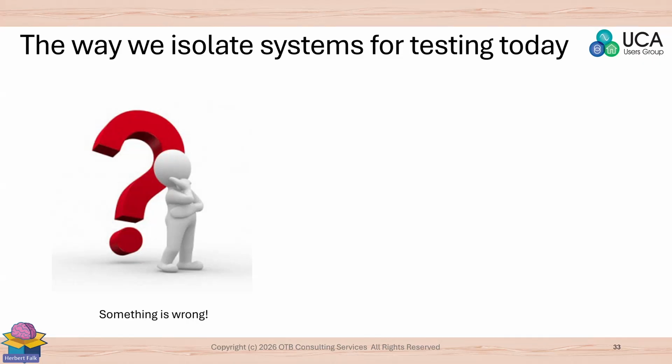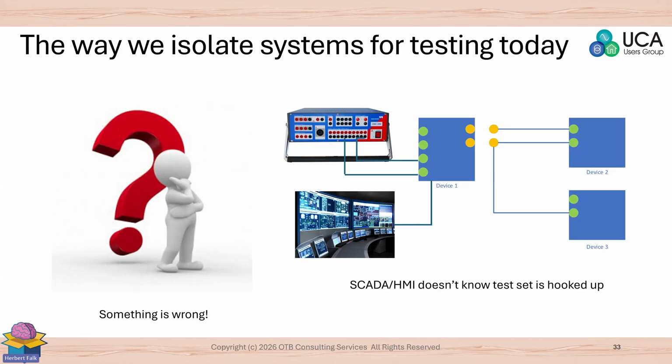So how do we isolate systems for testing? Today, you have a test block where you remove the jumpers, you take a test set and you feed the inputs to the device. None of the other devices see what is going on with device 1 because the test jumpers have been removed.